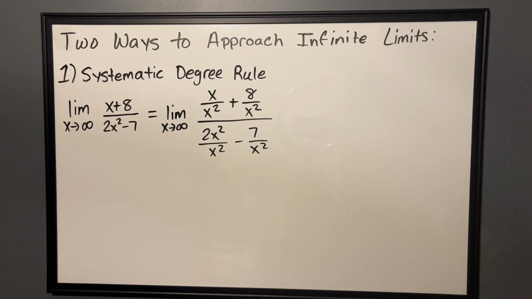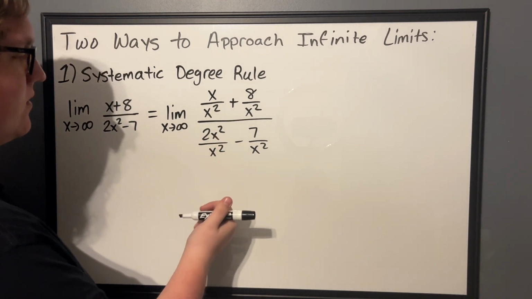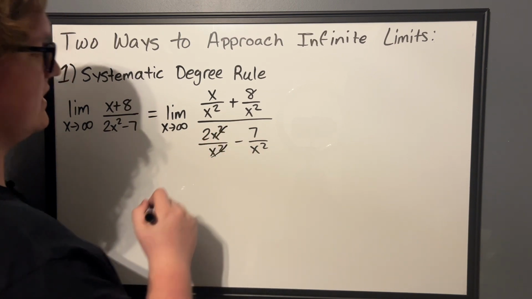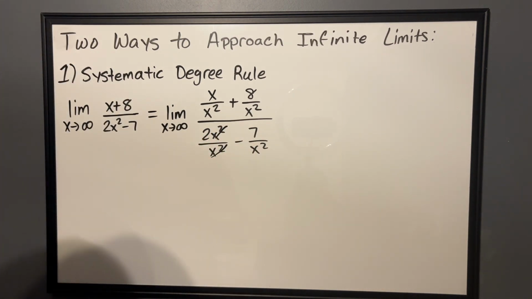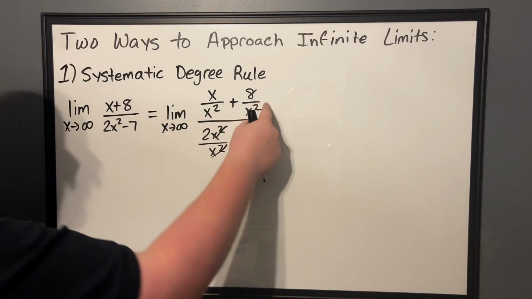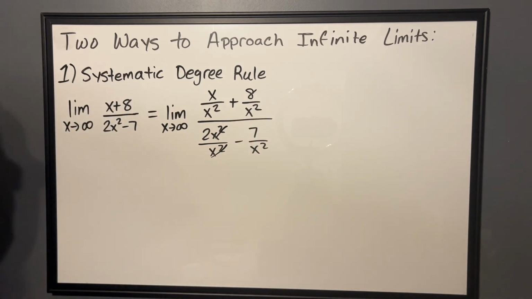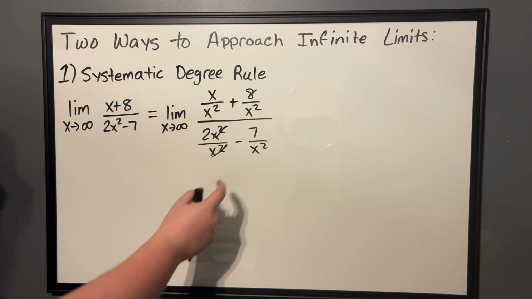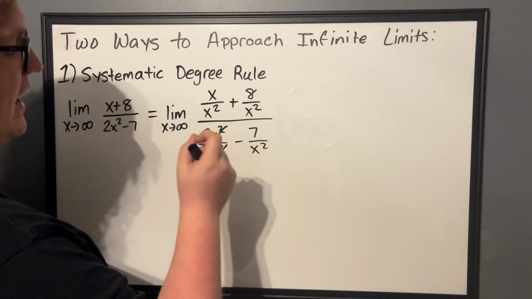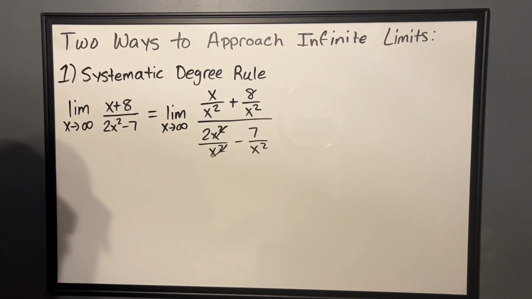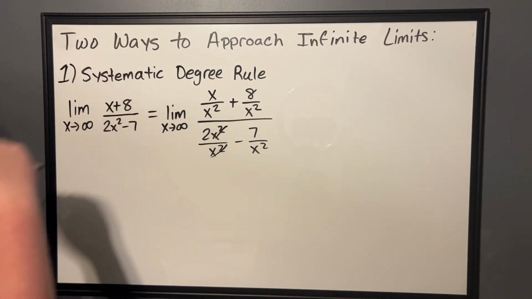So now the next step that we need to do here is we need to cancel some stuff out. So the easiest one to see is with this 2x squared over x squared. Of course, this is going to cancel with that, and we'll just be left with 2 there. Now for the 8 over x squared and the minus 7 over x squared, there's nothing we can really cancel, right? Because there's no coefficient for the x squared, and there is no x in the numerator, so there's nothing we can do to help those. This one we can simplify.